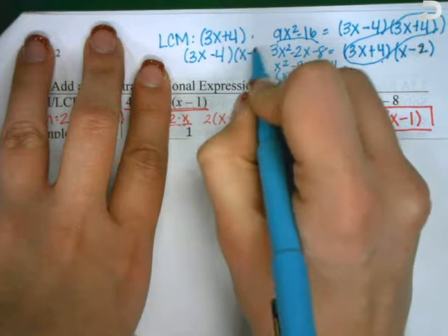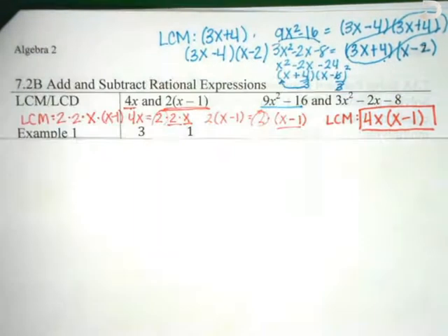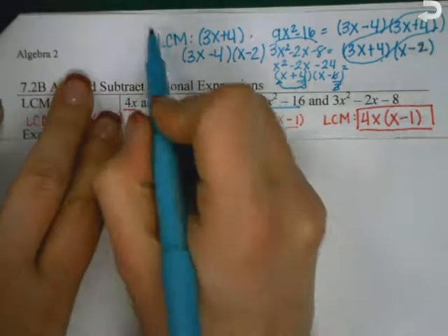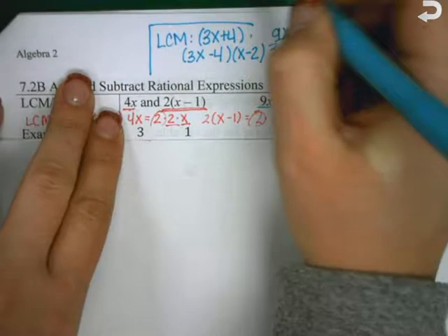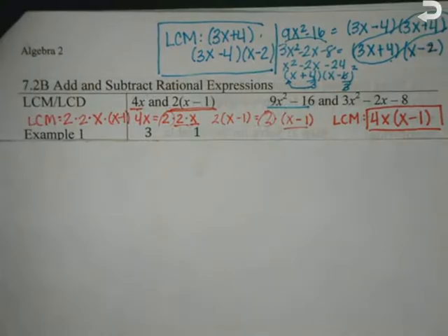So there's actually 3 terms here that we have for the LCM. So this would be my LCM in this one. The whole thing. No, we don't have to multiply it out. It's going to make it a lot easier for us when we start to cancel things.